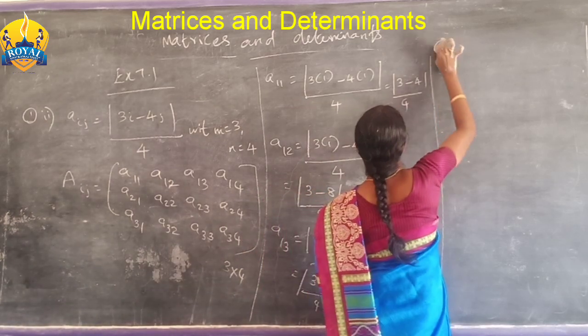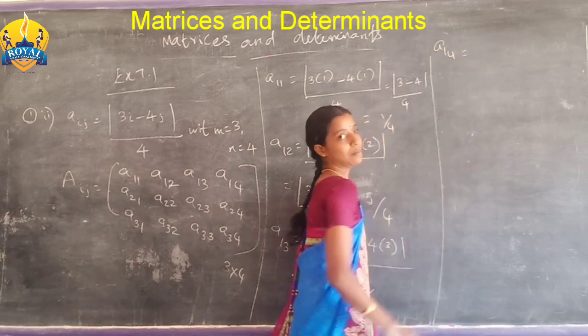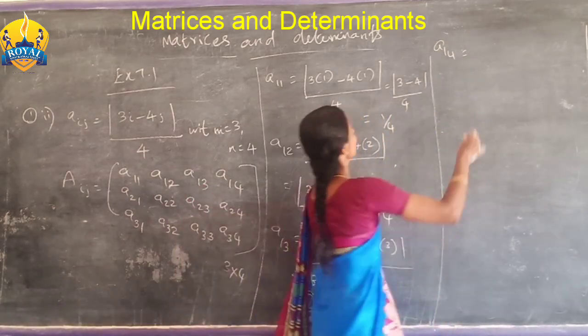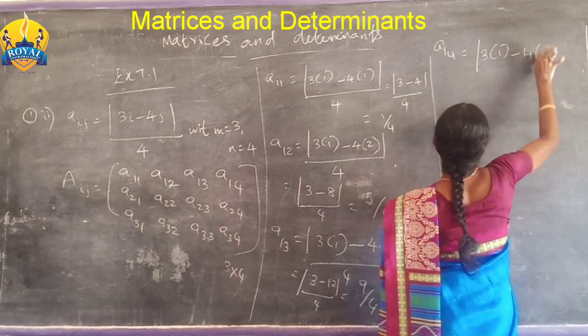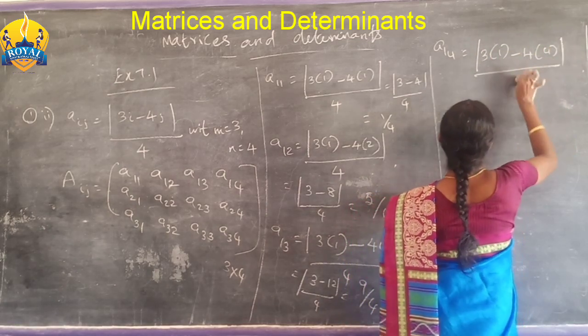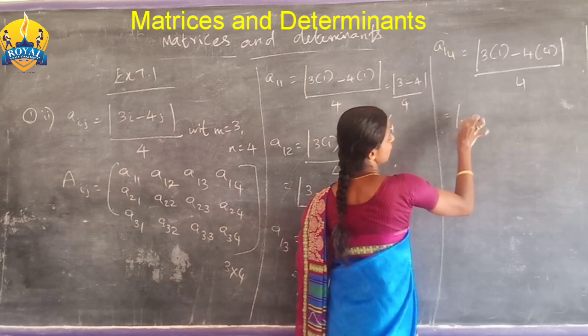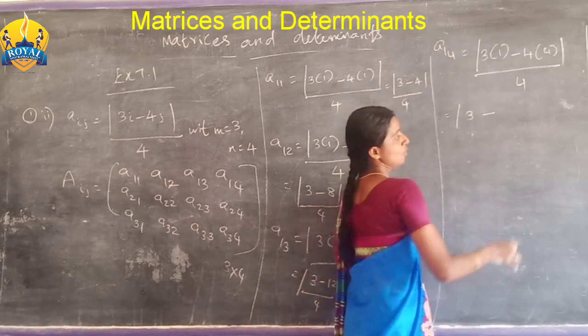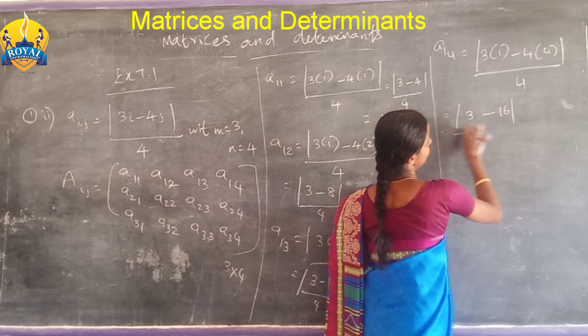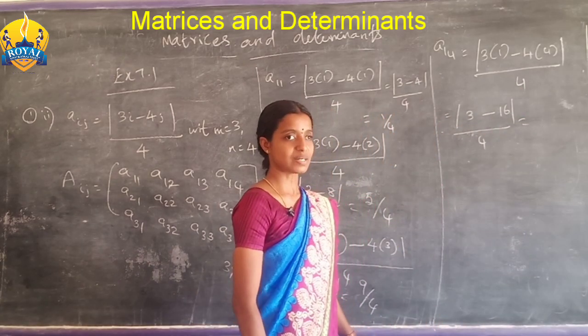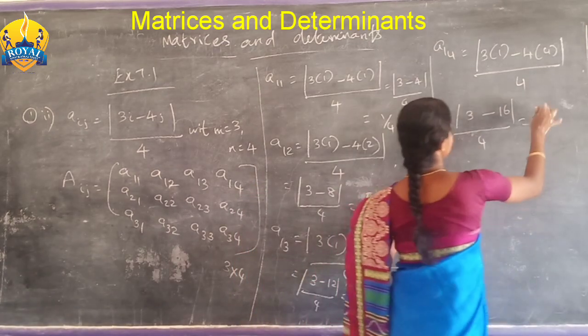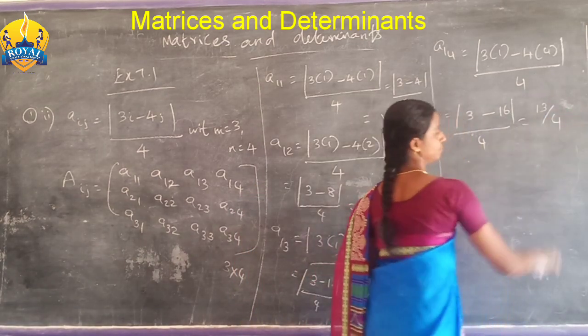Now let me proceed on to A14. My i is 1, j is 4. So modulus of 3 into 1 minus 4 into 4 by 4. So modulus of 3 minus 16 by 4, since 4 fours are 16. 3 minus 16 is minus 13. Modulus is plus 13. So 13 by 4.